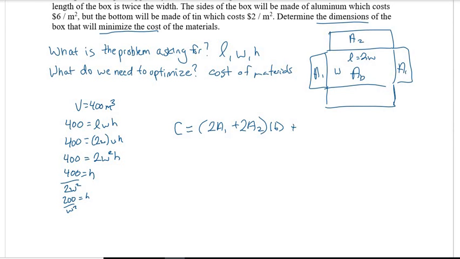And then we're going to add on to that $2 per meter squared times the area of the base. I'm just going to rewrite this so that it's consistent. The areas are up front and the costs are next to them. So now that's going to be equal to 12 times A1 plus 12 times A2 plus 2 times the area of the base.